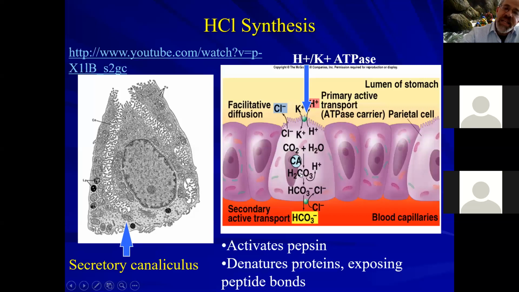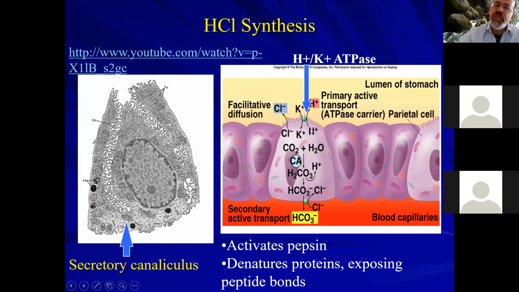Carbonic acid is dissociated into hydrogen and bicarbonate. Bicarbonate is pumped out of the cell into the blood in exchange for chloride. This is often referred to as a chloride shift. So hydrogen's already in the cell.